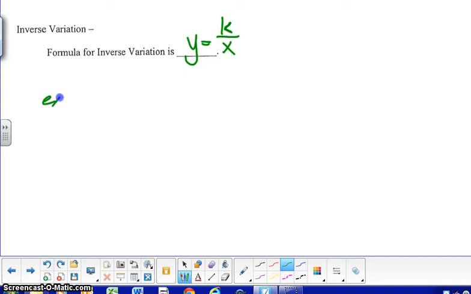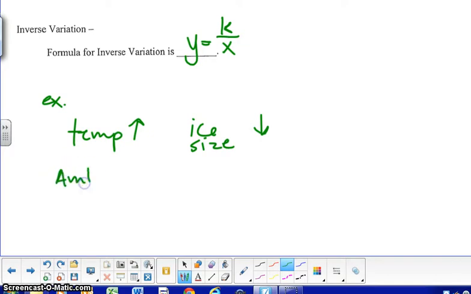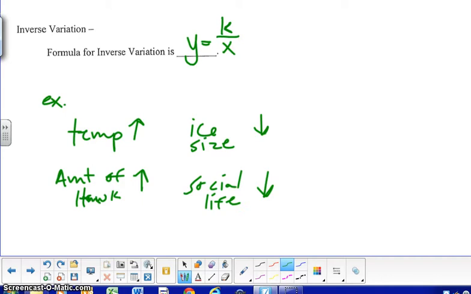So examples, if the temperature goes up, the size of ice would go down because it would melt. And then also, if I gave you a whole bunch of homework, if the amount increases, then your social life may decrease. So those are just different variations of inverse.